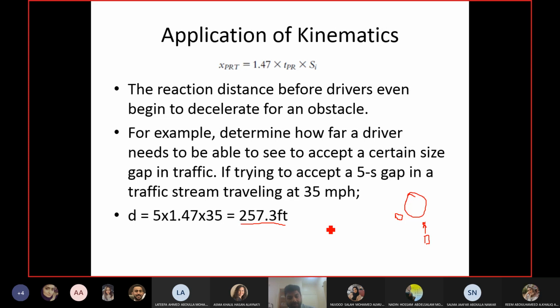Maybe the pedestrian is crossing from here, and you want to decide whether you should stop because the pedestrian is too close, or whether you should go. Again, if you are willing to accept a gap of 5 seconds, it means you will reach this place after 5 seconds. So the distance from which you are looking at the pedestrian is 257.3 feet.